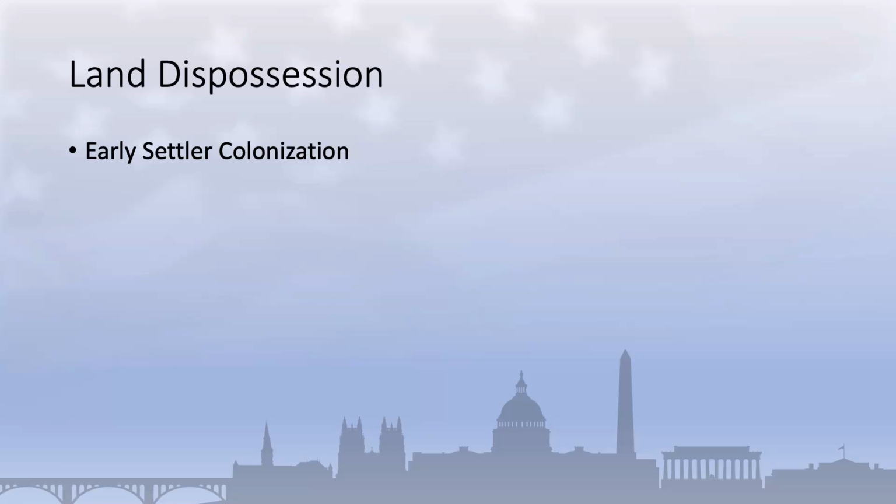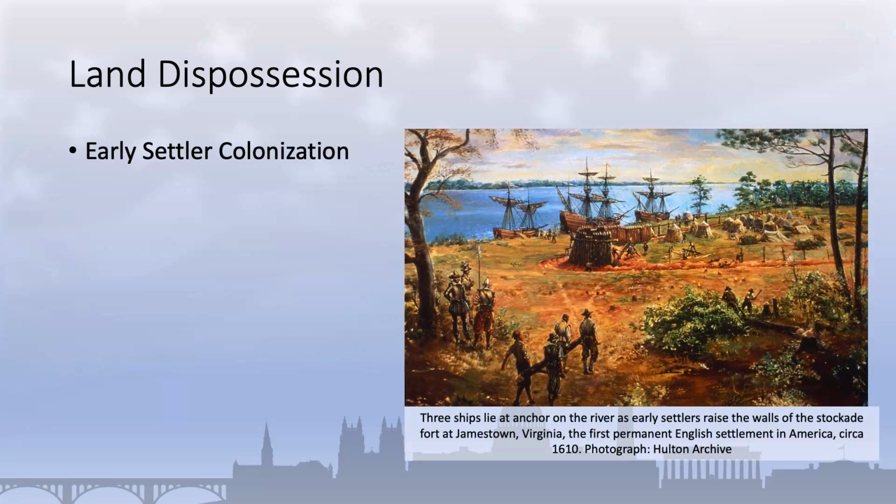One example of this process is the colonization of what is now known as Virginia by English settlers in the early 17th century. The Virginia Company of London was chartered in 1606 by King James I to establish a colony in the region, and the first permanent English settlement was established at Jamestown in 1607.